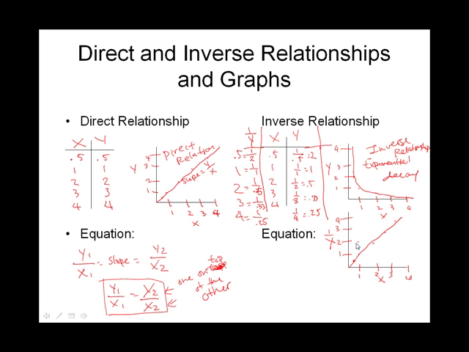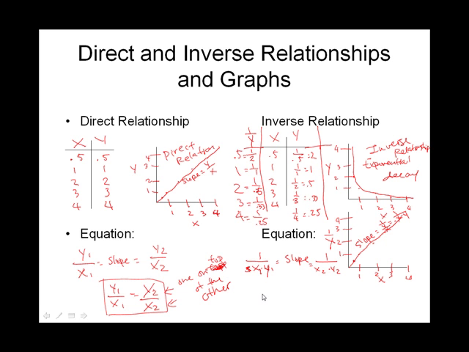So over here, the slope will once again be 1 over y over x, and that's a little messy, so I'm just going to put 1 over x times y. And so I have 1 over x times y equals the slope, x1 times y1 equals the slope, which also equals 1 over x2 times y2.